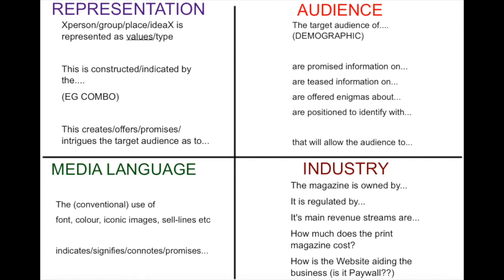How much does the print magazine cost? That will say on the page. But certainly, the affluent ABC people that read these magazines are not too worried about paying £6 for a rather thin magazine that has high quality information in it. What I would say is, you should look at how the website is aiding the business. Is it a paywall? Quite a lot of them are.